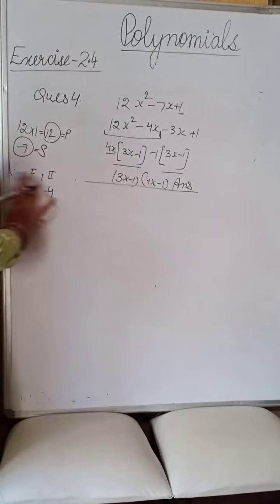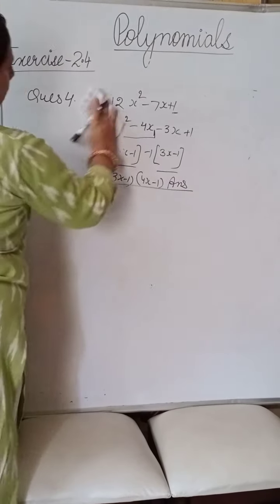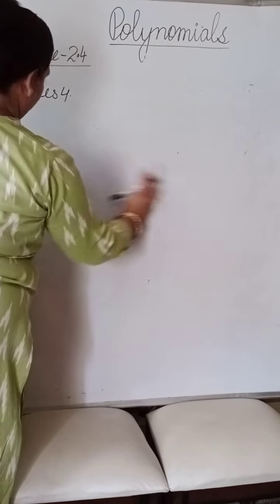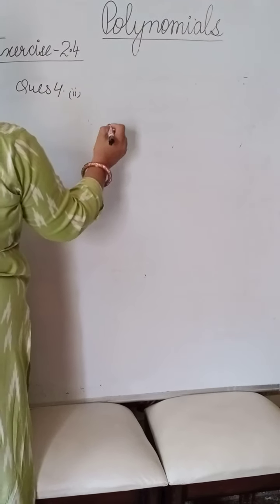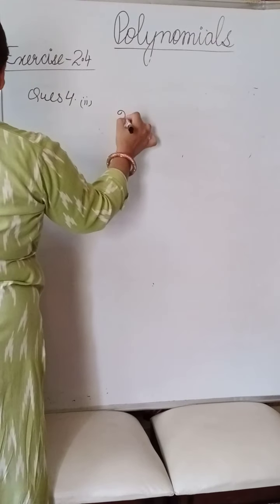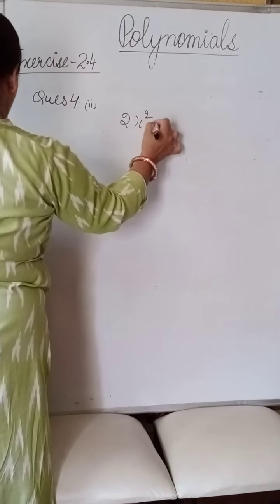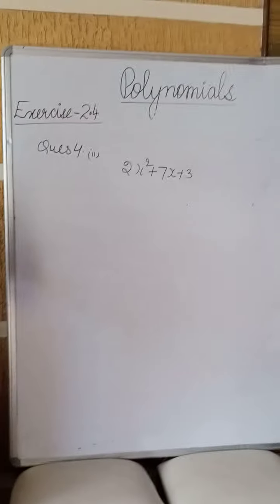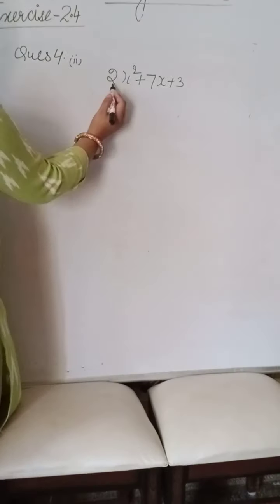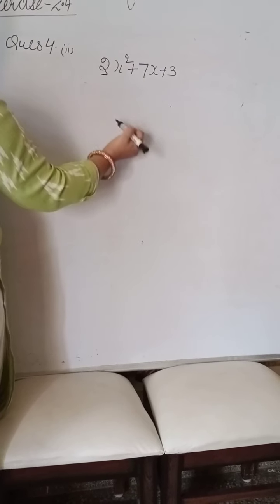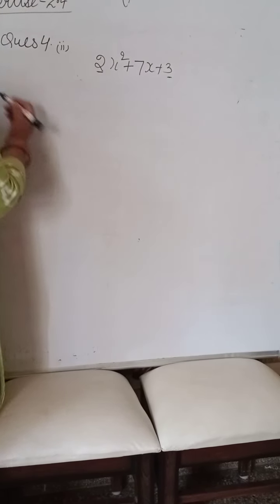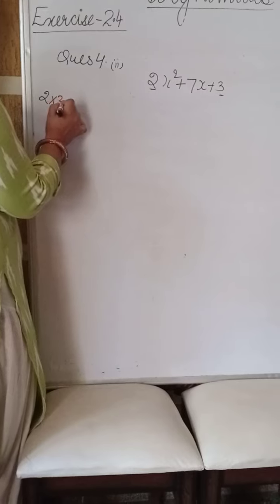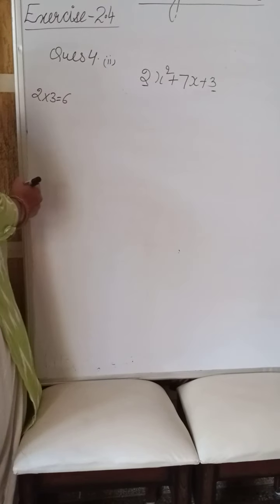Now after this, second part. Question 4, second part. In this given polynomial, that is 2x square plus 7x plus 3, do the same thing, students. Take the product of the coefficient of x square and the constant term, that is 2 into 3, that is 6.